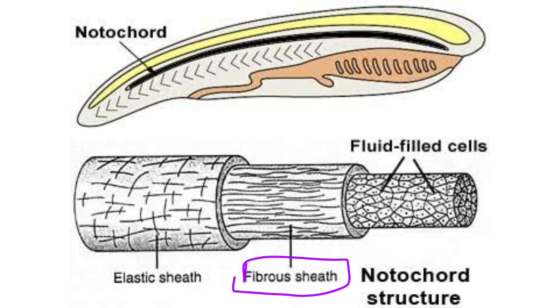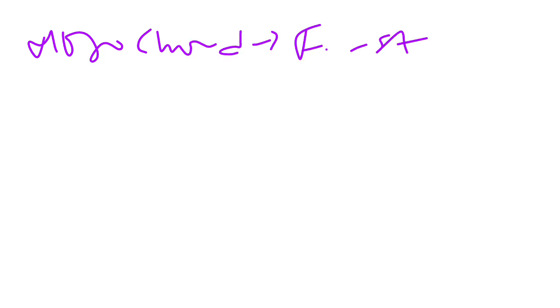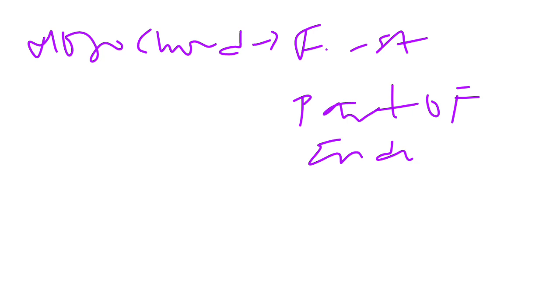The wall of the notochord is thick, and there is a semi-fluid within the notochord. Now it should be noted that the notochord is the first part of the endoskeleton in a chordate.